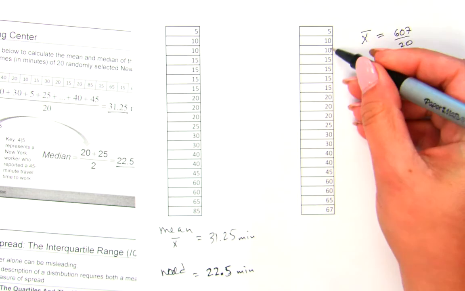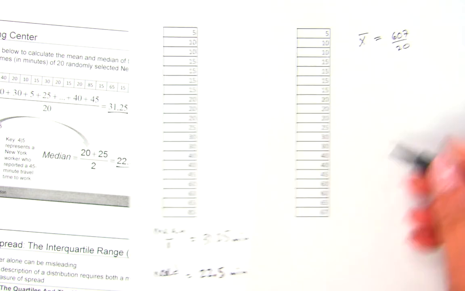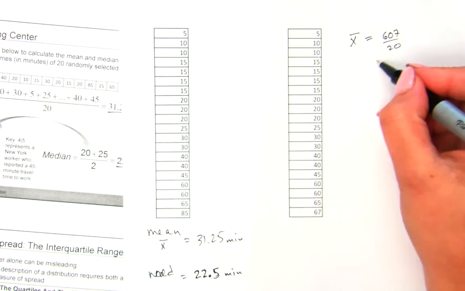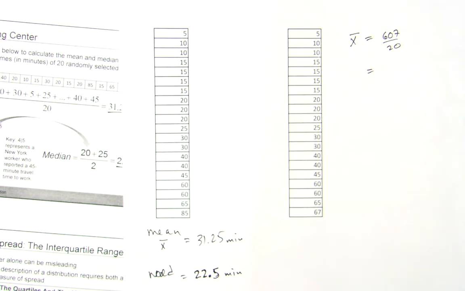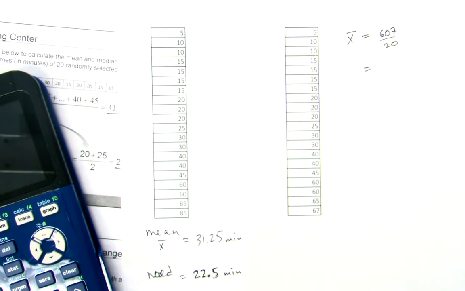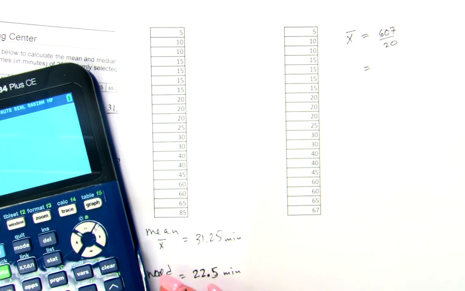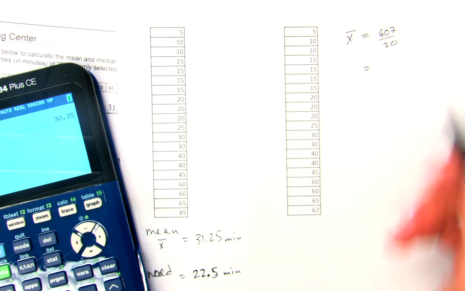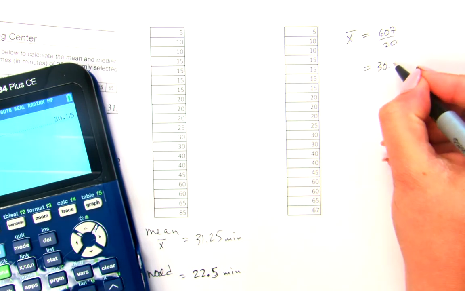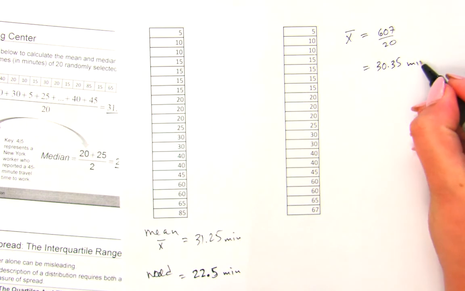So I added 5 plus 10 plus 15, all this other stuff, and I got 607 over 20 because I have 20 observation points. So 607 divided by 20 gives me a mean of 30.35. Okay, so 30.35 minutes.